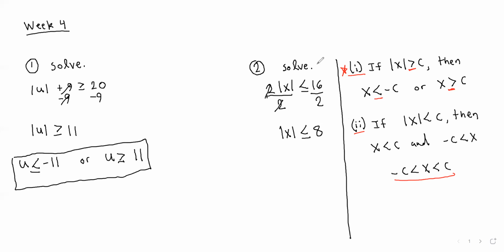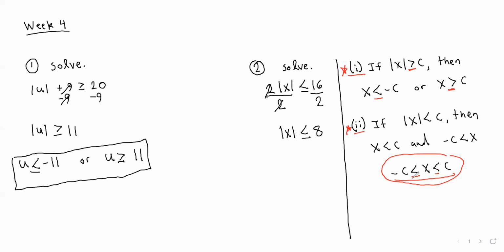And so what we have now is situation 2, where we have x less than or equal to c. So our solution is just going to be of this form: x greater than or equal to minus c, less than or equal to c. We must add the equal sign under here since we have the equal sign, x less than or equal to 8.